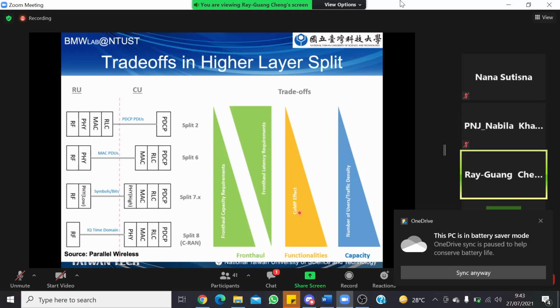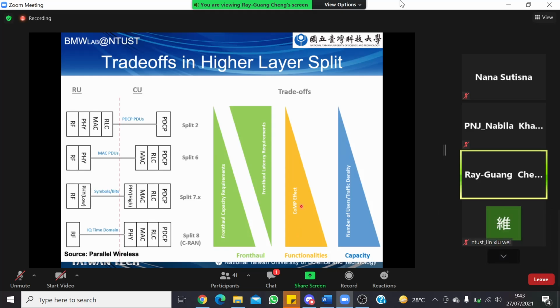Here is whenever you want to do CoMP. CoMP is coordinated multipoint transmission. You want multiple base stations to transmit the same content. It's easier to do in the higher layer. For example, when we use PDCP, we can transmit the same PDCP packet through two different base stations.